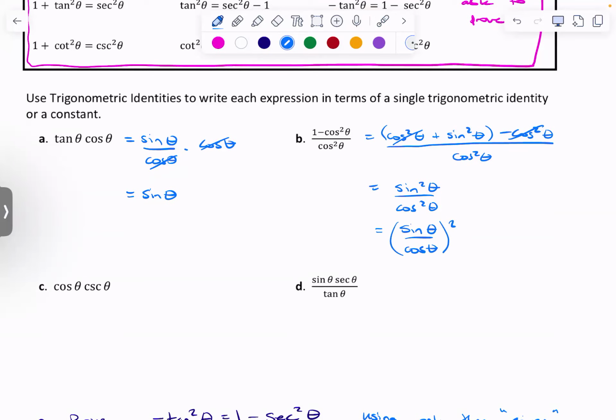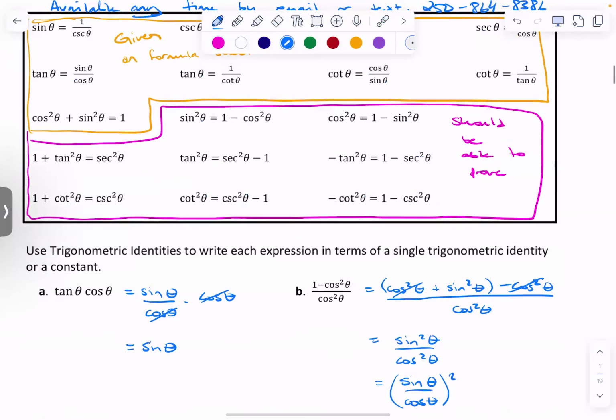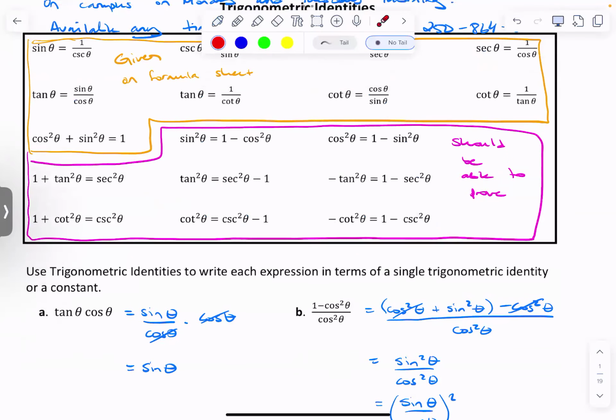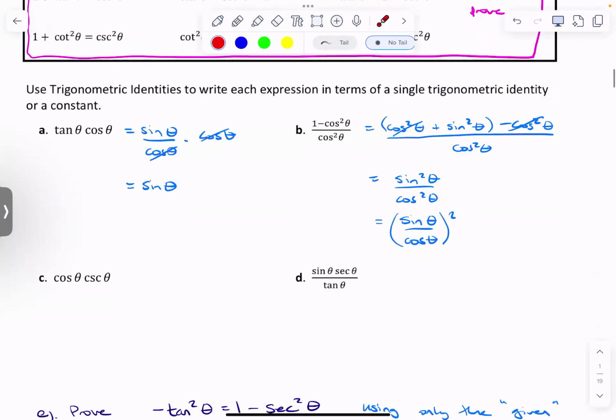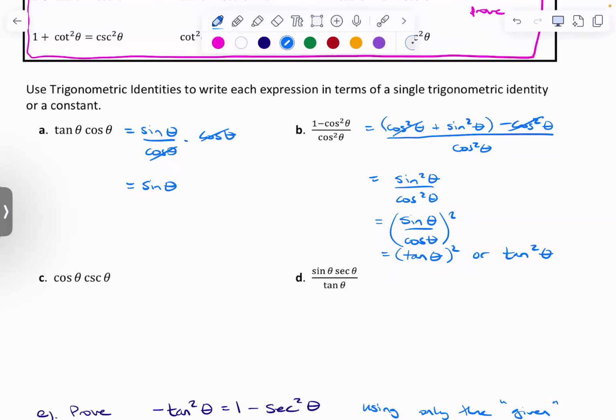Now, sine theta over cos theta is tan theta. So that's tan theta squared, or in a nicer way, tan squared theta, which means we've got it down to one trig identity, which is what we wanted.